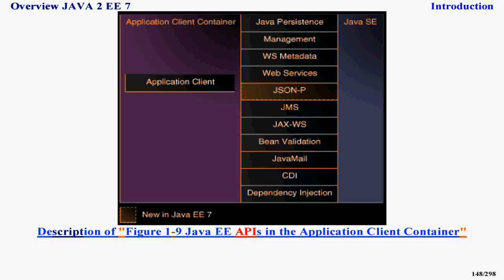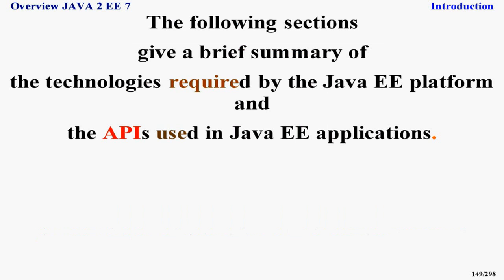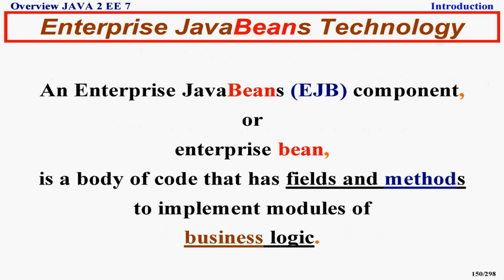Figure 1-9, Java EE APIs in the application client container. Description of Figure 1-9. The following sections give a brief summary of the technologies required by the Java EE platform and the APIs used in Java EE applications.